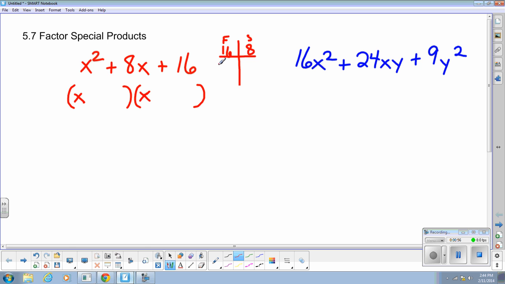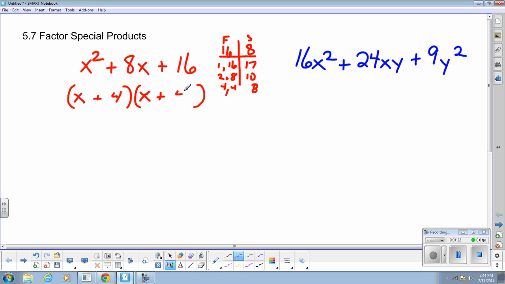Going down the factor list, 1 and 16 gives 17, and I'm using positive numbers because both signs are plus. 2 and 8 gives a sum of 10, and here's the one I'm looking for: 4 and 4 for a sum of 8. So I will go plus 4 and plus 4.